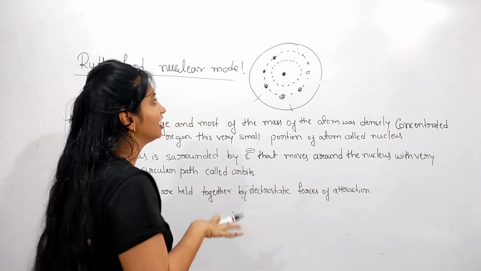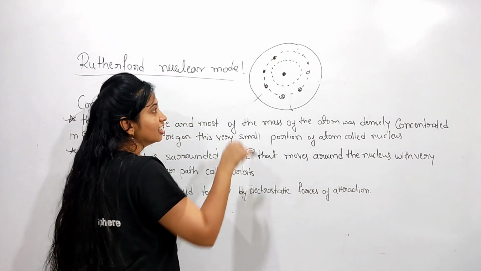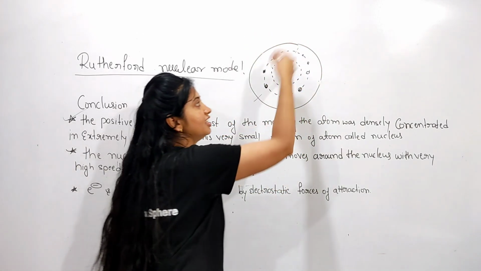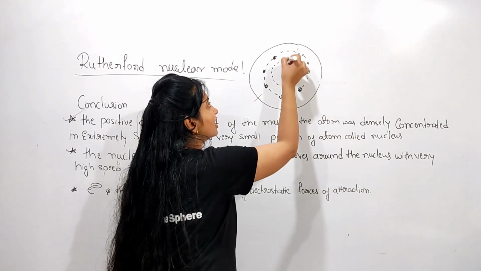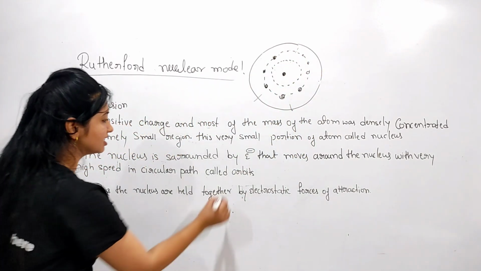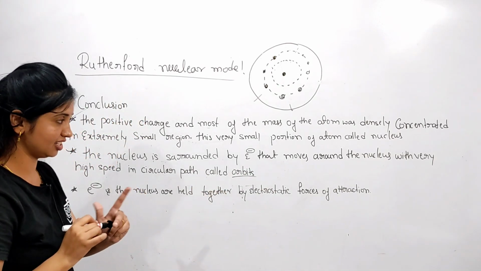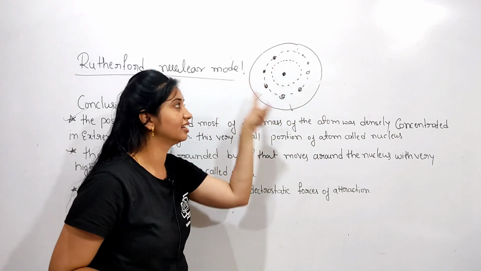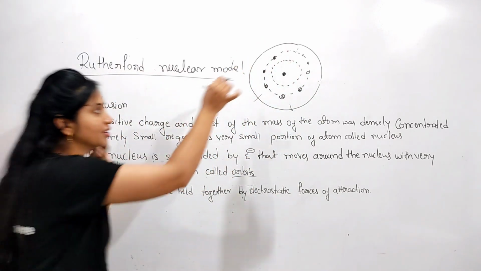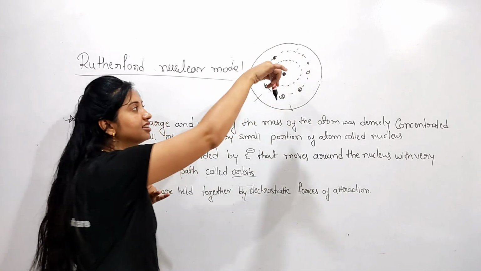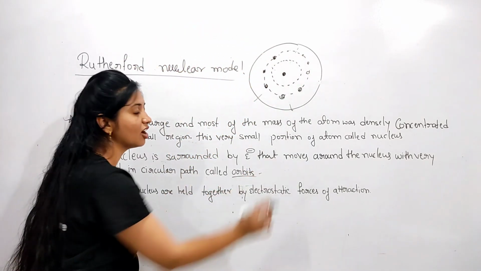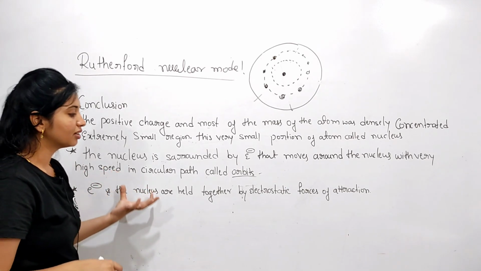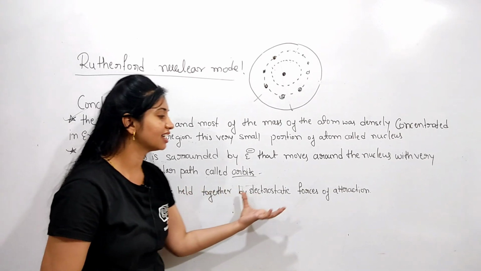So like our solar system, the electrons move around the nucleus in circular orbits. So this circular path is called an orbit. His second conclusion is that the electrons revolve around the nucleus in a circular path, and that circular path is called an orbit. And the third one is that the electrons and the nucleus are held together by the electrostatic force of attraction.